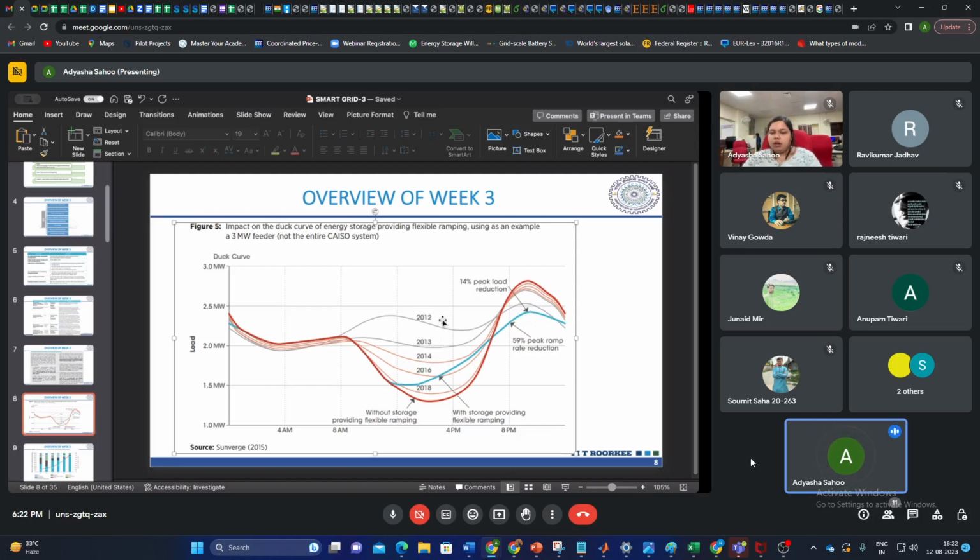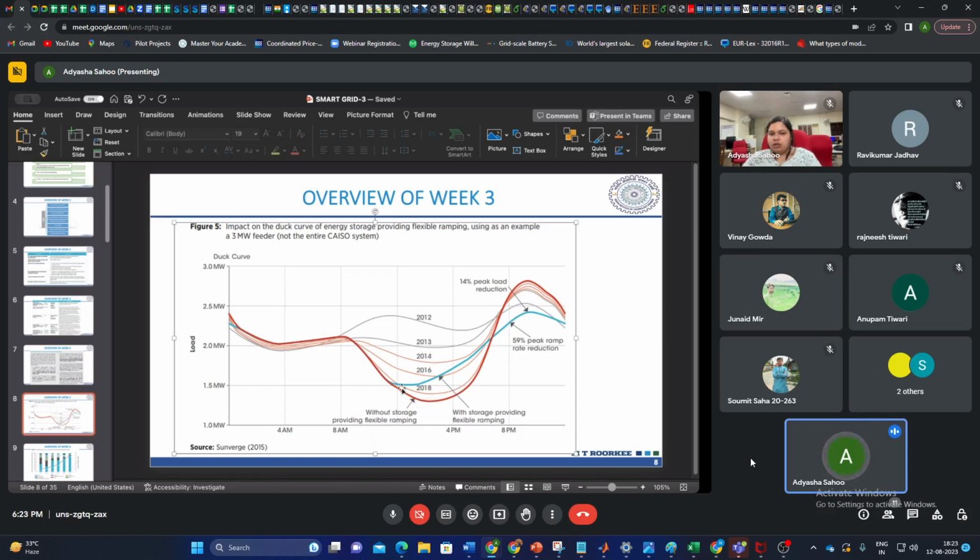But as renewables have penetrated, we have a huge ramp up requirement here and a ramp down requirement here, because during the solar hours, there is a huge reduction in the load demand because of the increasing penetration of solar PV. So this curve has come down.